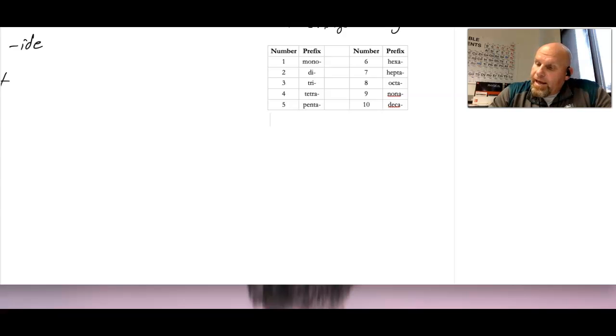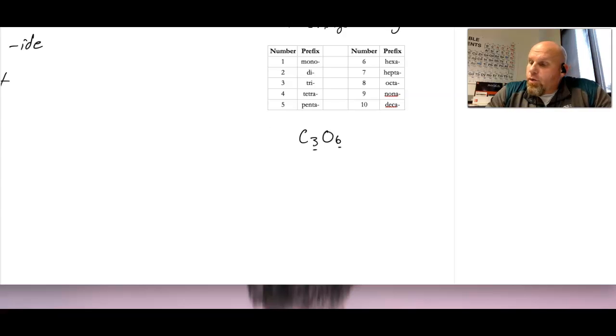So if I were to have C3O6, then I would be naming this again, no charges, no crossing. I have 3 carbons and 6 oxygens. So I would say tricarbon.